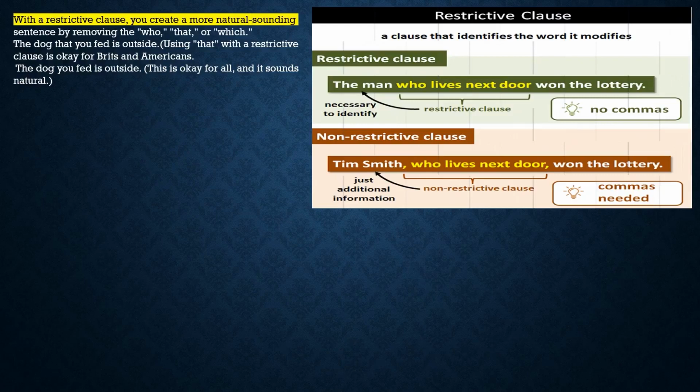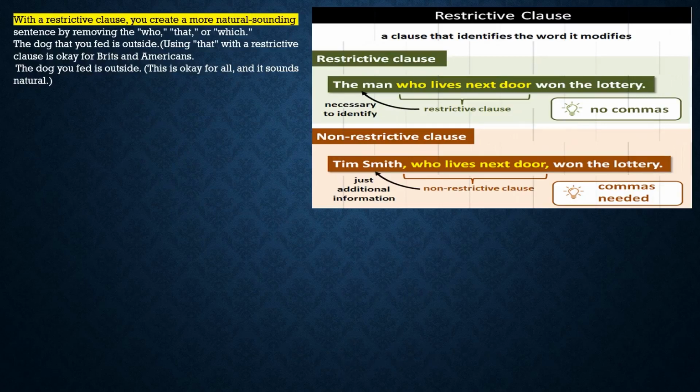Tim Smith is a person who lives next door, and someone is saying he has won the lottery. That means it is non-restrictive, non-defining. It gives just additional information about Mr. Tim Smith. So commas are needed for non-restrictive clauses.